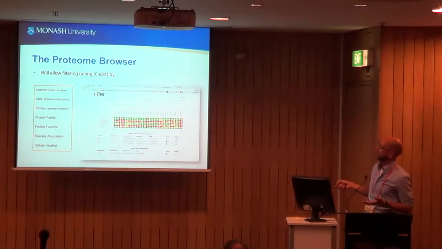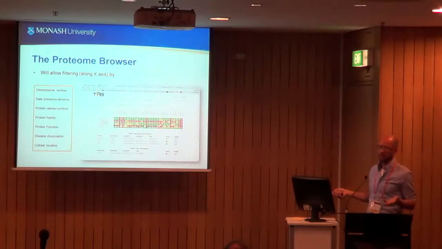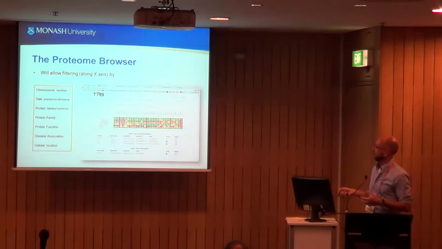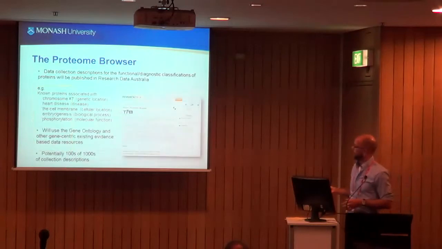Or you may want to say, just show me things in a particular gene family, or a protein function, so show me transcription factors across the whole genome. Show me proteins where the gene is associated with a particular type of disease, or cellular location.